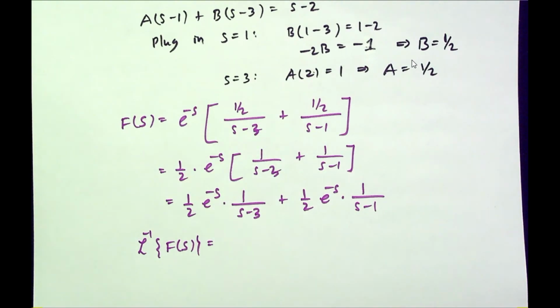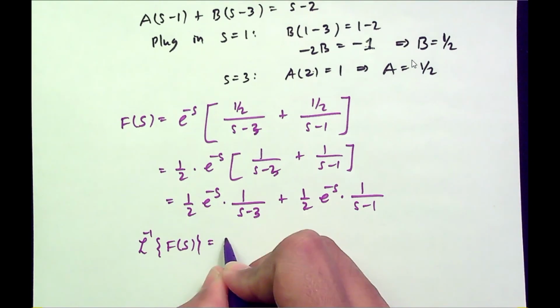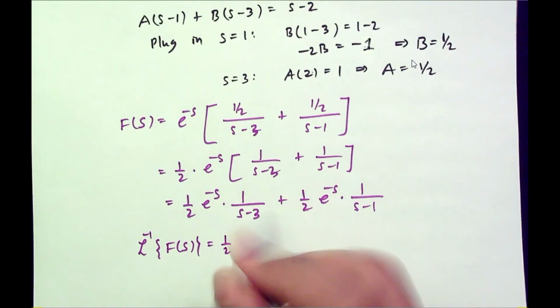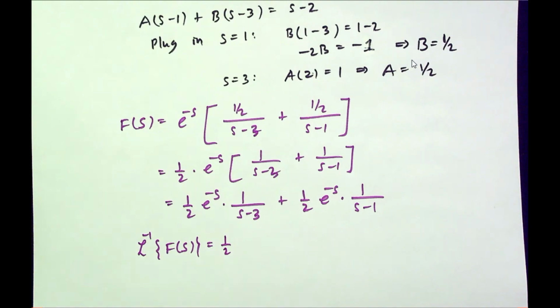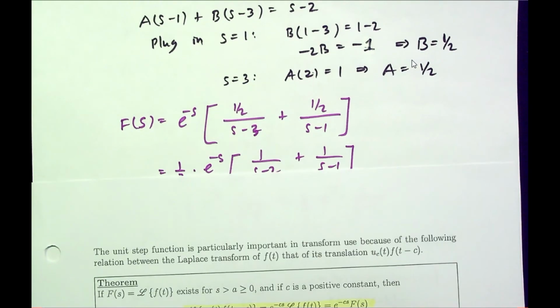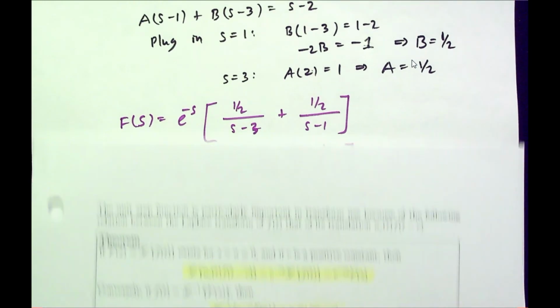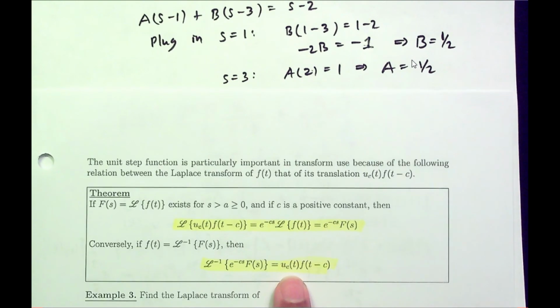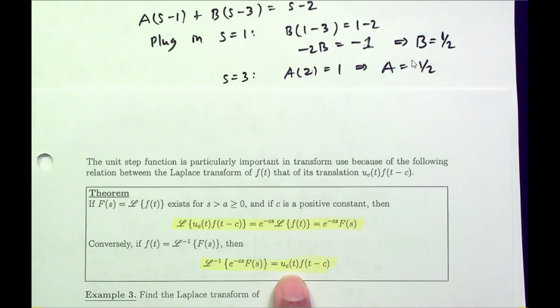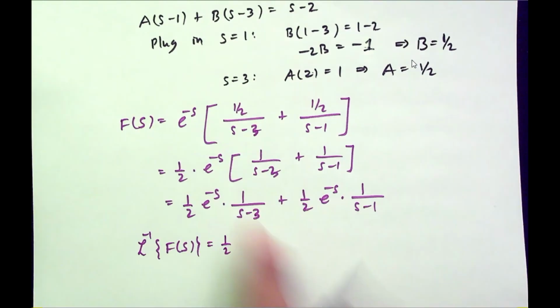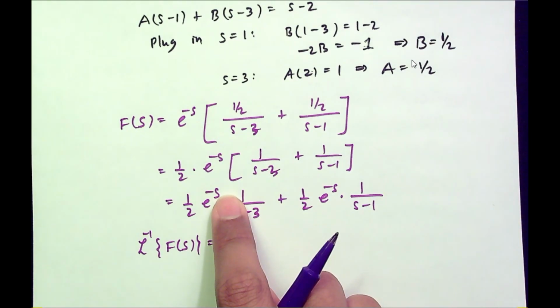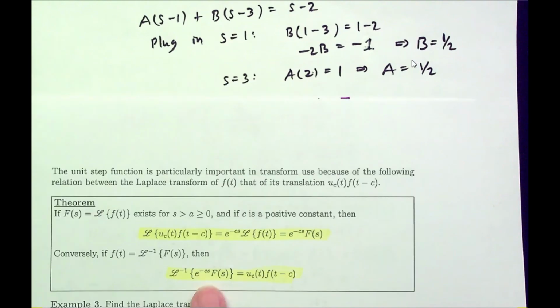So the 1 half stays there. That doesn't bother. But applying the formula, this is c, and the c in this problem is 1, because we have e to the negative s.